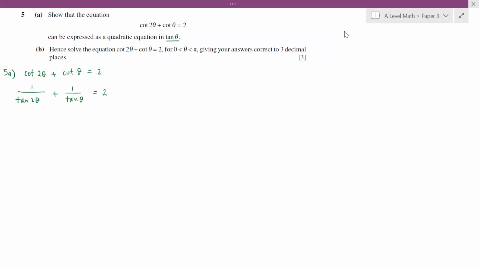Angle is in terms of 2 theta, so tangent 2 theta. From the double angle identity, we know that tangent 2 theta is 2 tangent theta over 1 minus tangent squared theta.